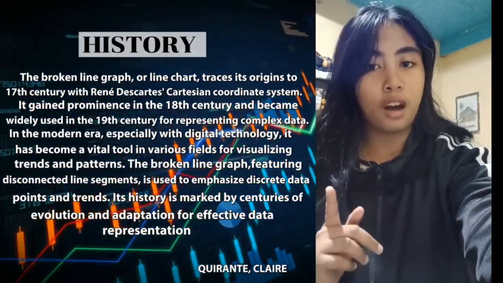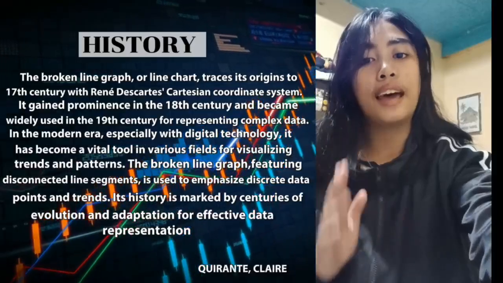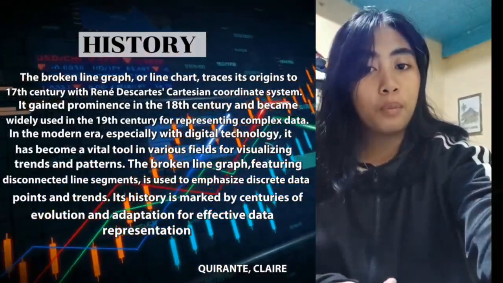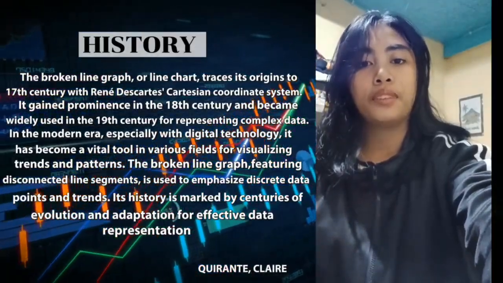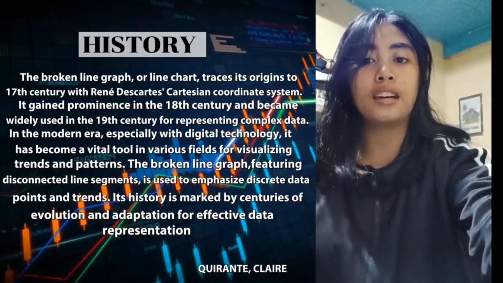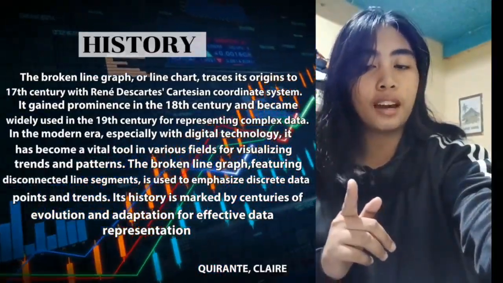The broken line graph, featuring disconnected line segments, is used to emphasize discrete data points and trends. Its history is marked by centuries of evolution and adaptation for effective data representation.